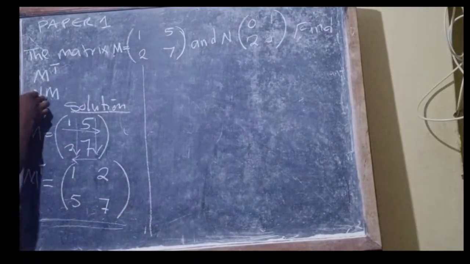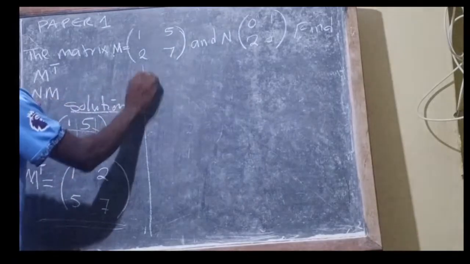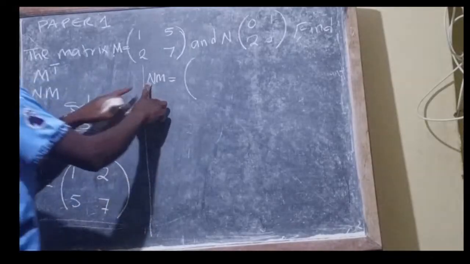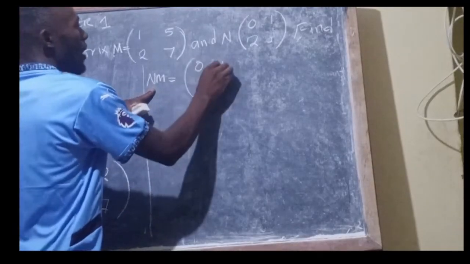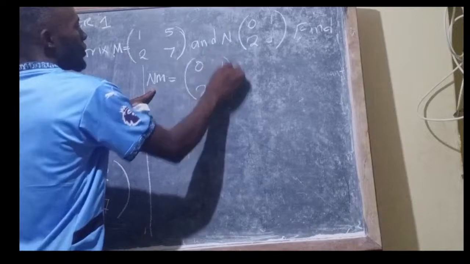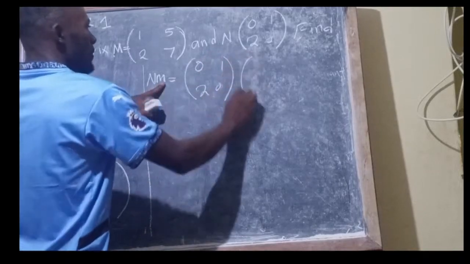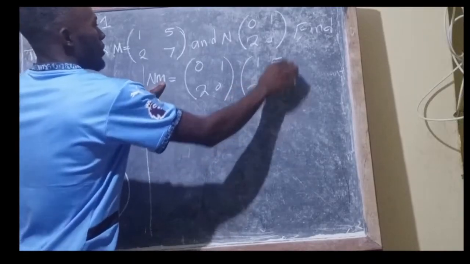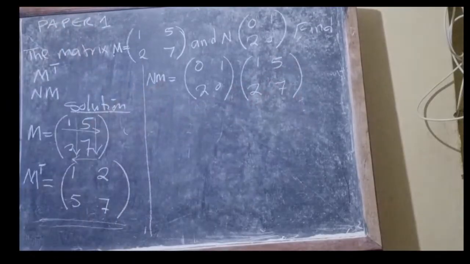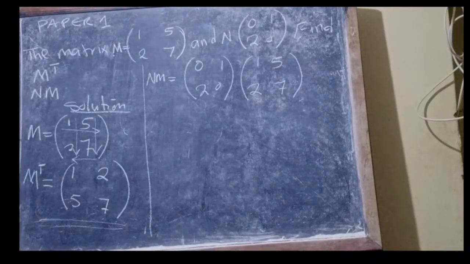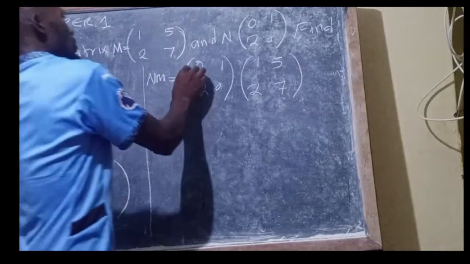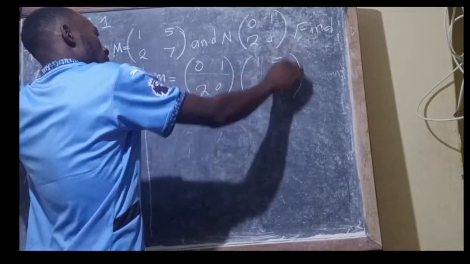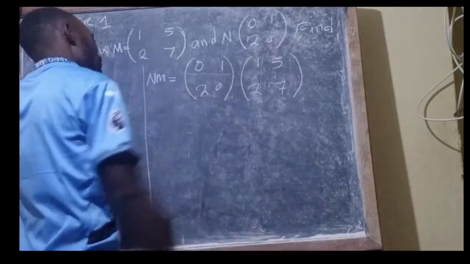They are telling us to find NM. So N is equal to 0, 1, 2, 0, followed by M, which is 1, 5, 2, 7. Here multiplication goes row by column. So this row should multiply the column. This row should multiply a column. This row should multiply a column.